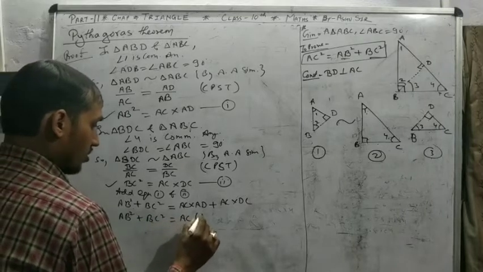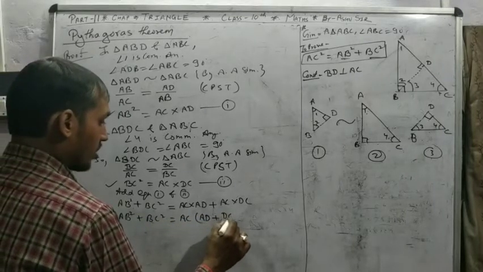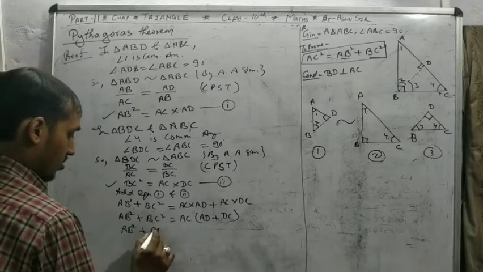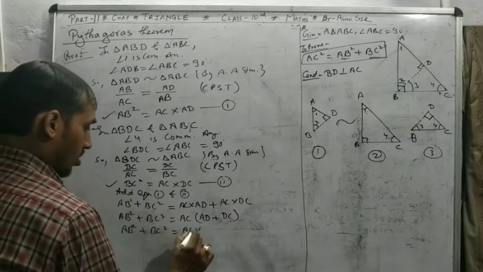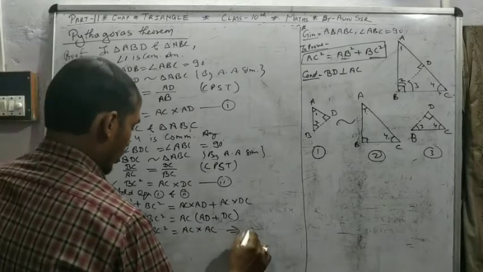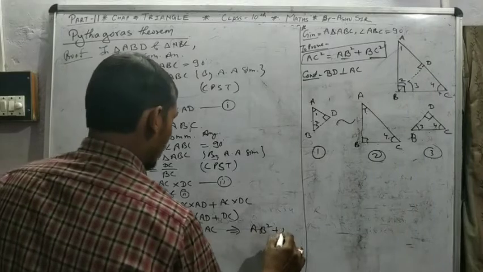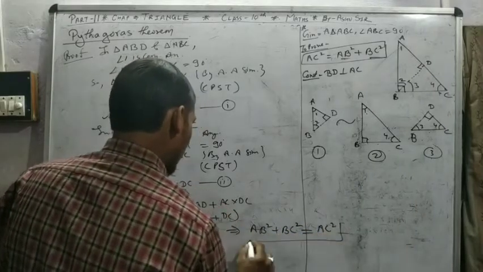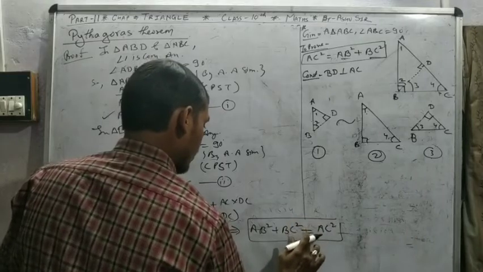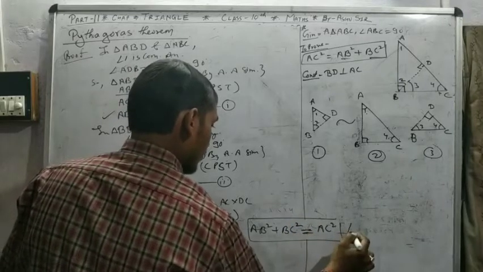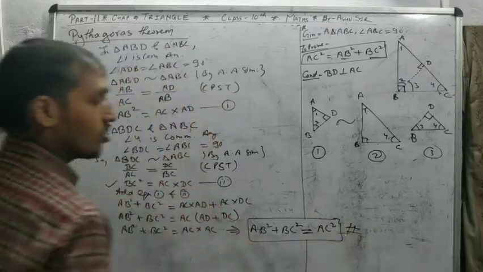AC taken common, AD plus DC. AC into AC. So you get AB square plus BC square is equal to AC square. This is the Pythagoras theorem.